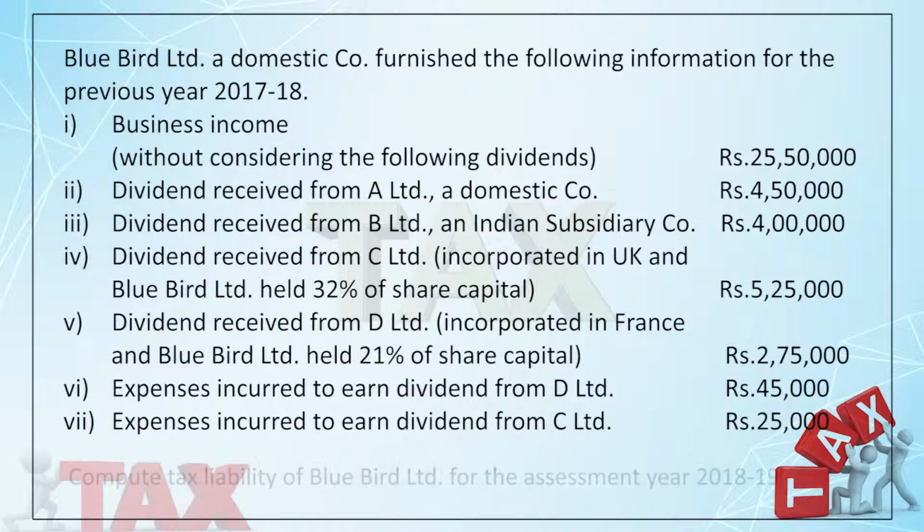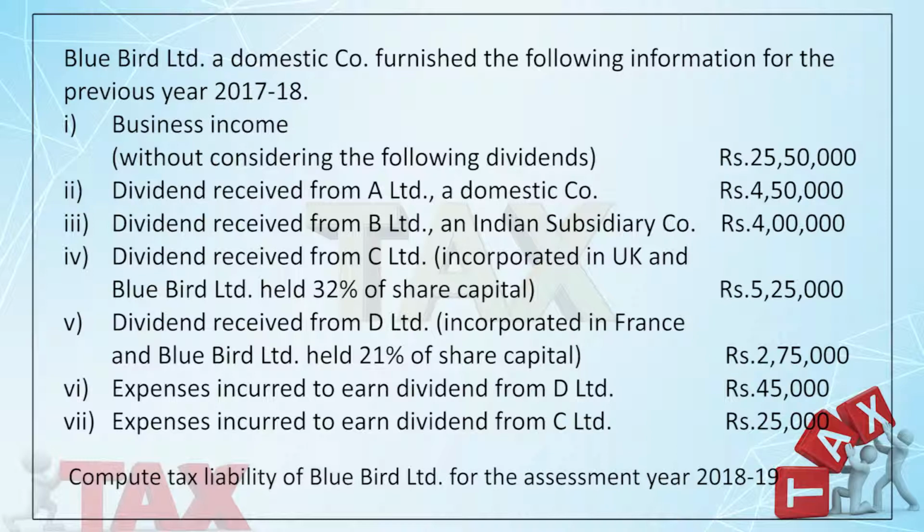You can see that the Bluebird company is a domestic company and it furnishes certain items, that is the business income without considering the following dividend, 25,50,000. Dividend received from A Limited, a domestic company, dividend received from B Limited, an Indian company, for rupees 4 lakhs.